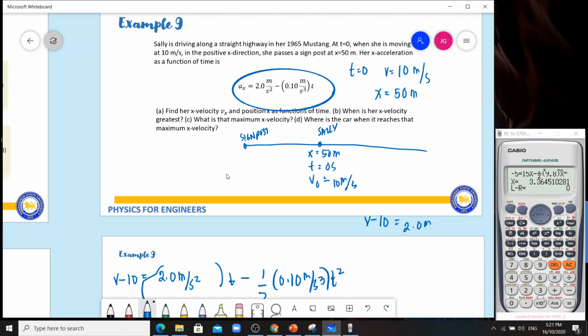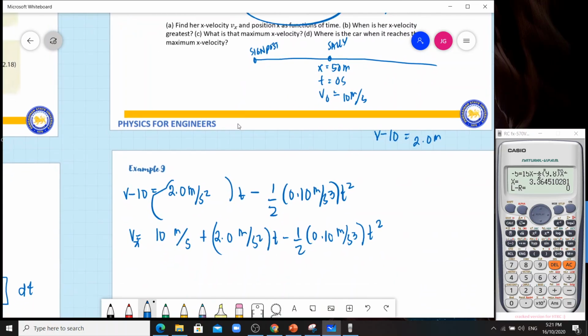Okay. So, para magkaroon ka ng highest velocity, kasi may tinatawag tayo na Vmax. Ang Vmax mo ay mangyayari lang kapag ang acceleration mo ay constant na or ang ax mo ay 0. Okay? So, wala nang change.